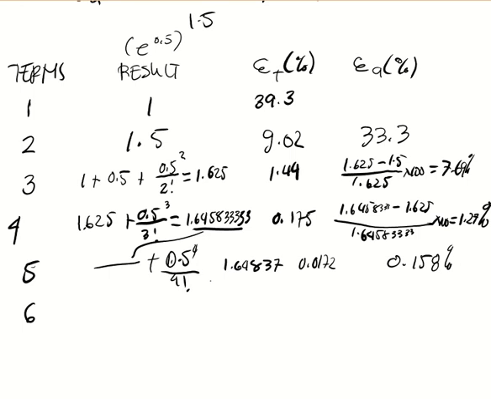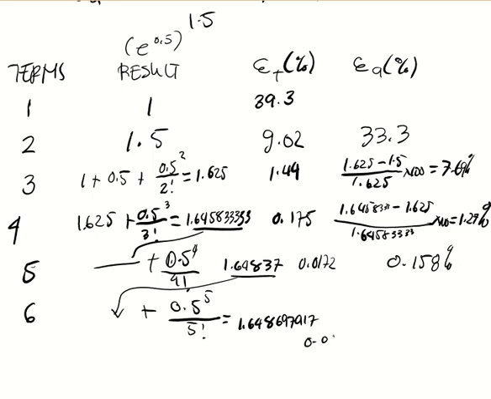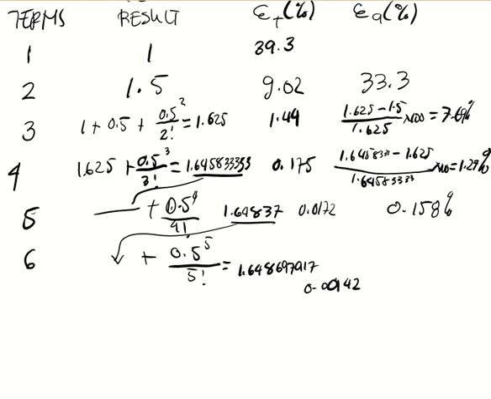So now this one here, and I add it with 0.5 raised to 5 divided by 5 factorial, and the answer will be 1.648697917, and the true error is now 0.0010142. So that's the true error.